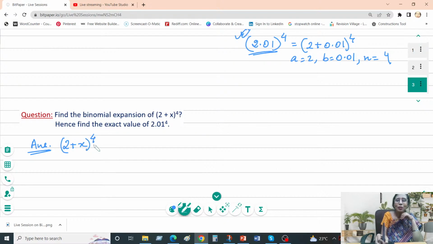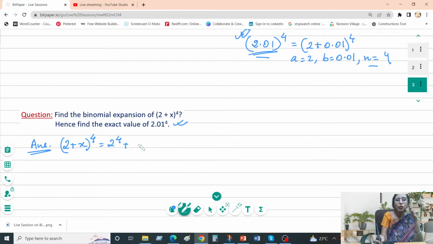2 plus x to the power of 4 is equal to, the first term will be a to the power of n. n is equal to 4, that we have seen. So it will be 2 to the power of 4 plus x. This is the subpart, the second part of this question, so first of all, let us expand this.